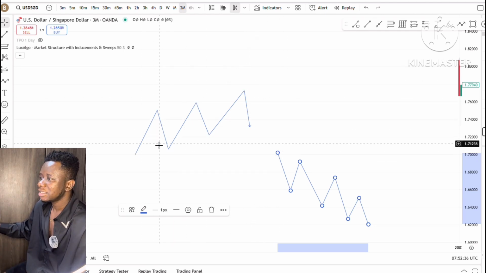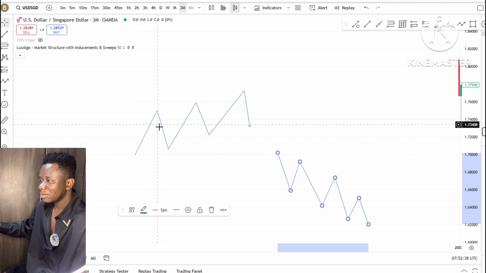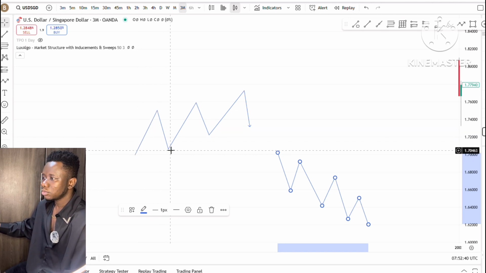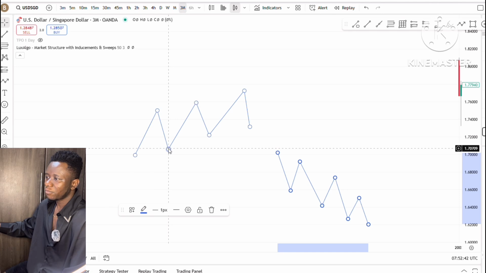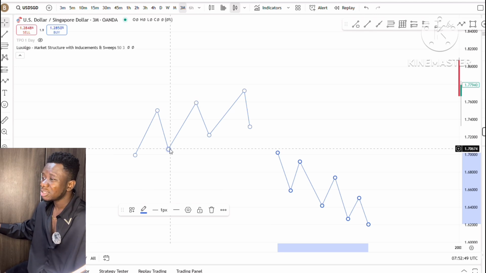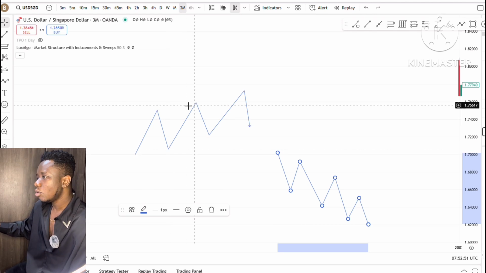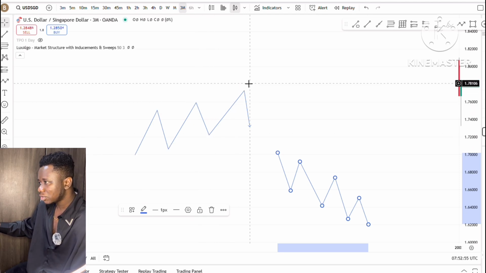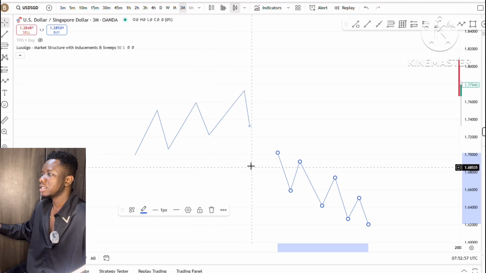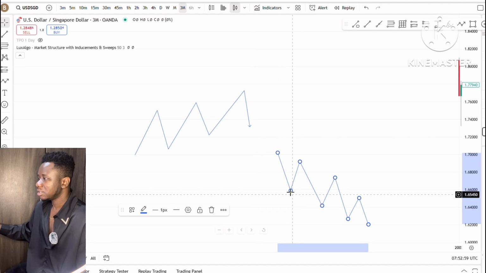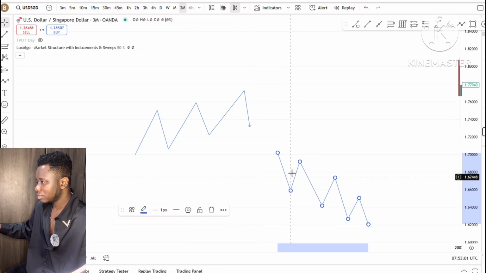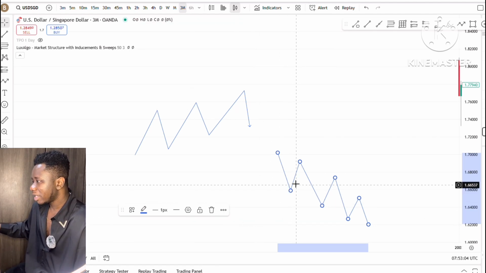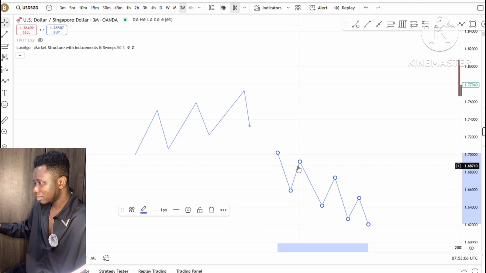If we are making higher highs, then when price comes back, it will mitigate some sort of fair value gap or order block, breaker block, or mitigation block, then go back up, break structure, and come back again and break structure. That's how you know you are in an uptrend. Same in bearish markets.